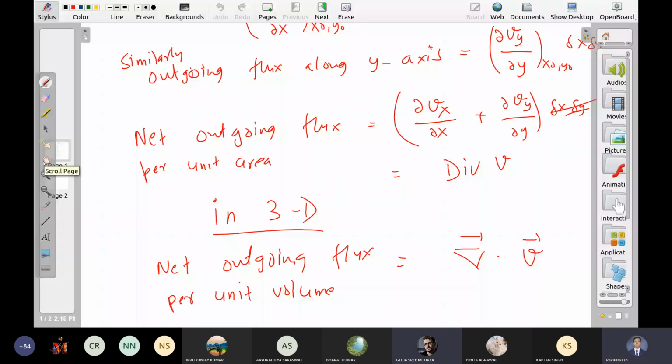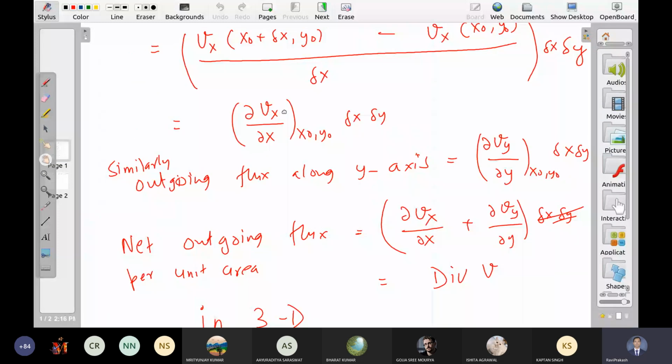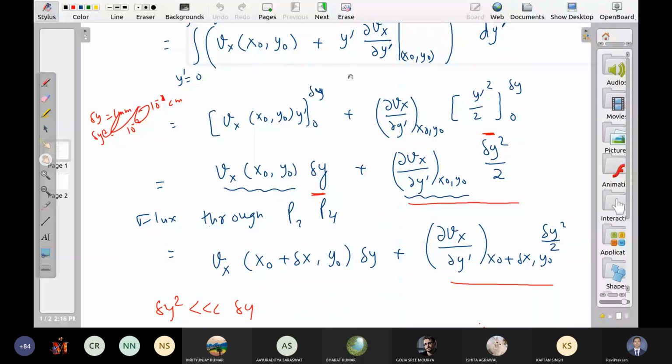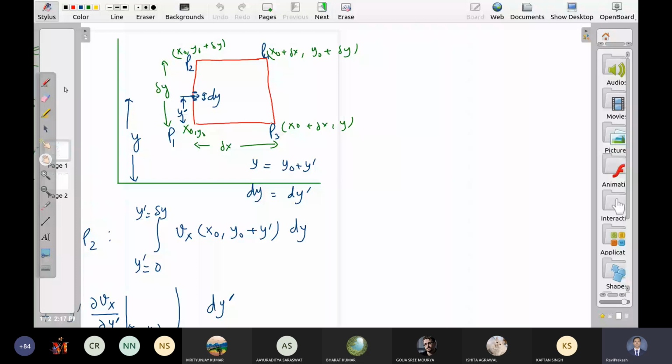See, okay. Let us say there is a garden here, okay? And in the garden, the water is flowing. But the flow of water is something like this.